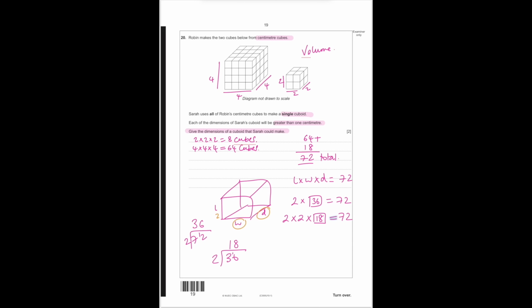So I could say that the measurements of this cube, the dimensions, could be 2 centimetres by 2 centimetres by 18 centimetres. There's lots of other combinations you could have used, guys, as long as when you multiply those 3 numbers together, you get an answer of 72.